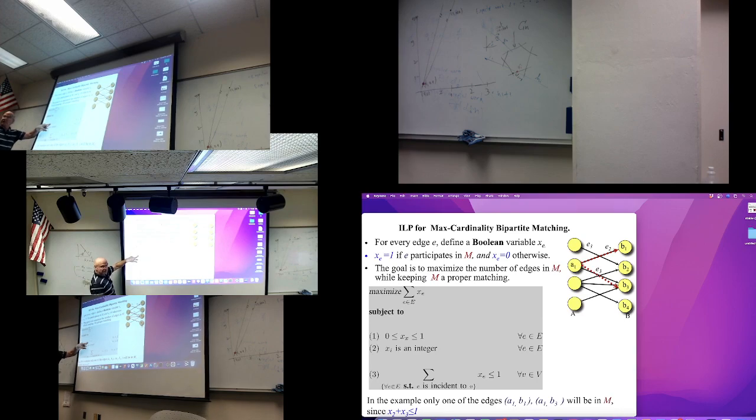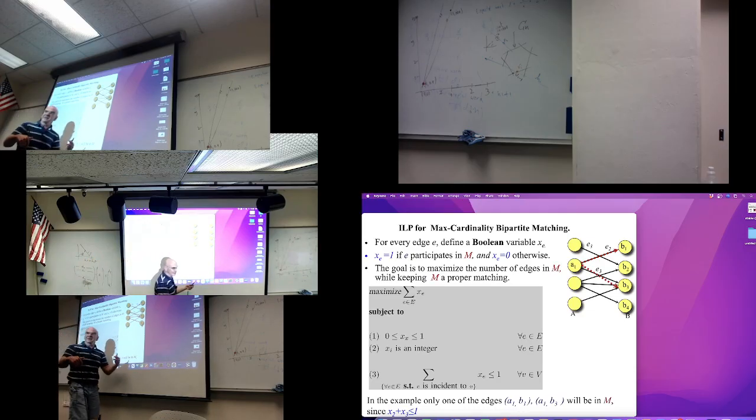And by the way, it needs to be an integer. How many integers do we have between 0 and 1? Either 0 or 1. Now I need to say how this is related to my original problem. My understanding will be: if x sub e is 1, it means that e participates in the matching that I'm looking for, and if it is 0, then e does not participate.